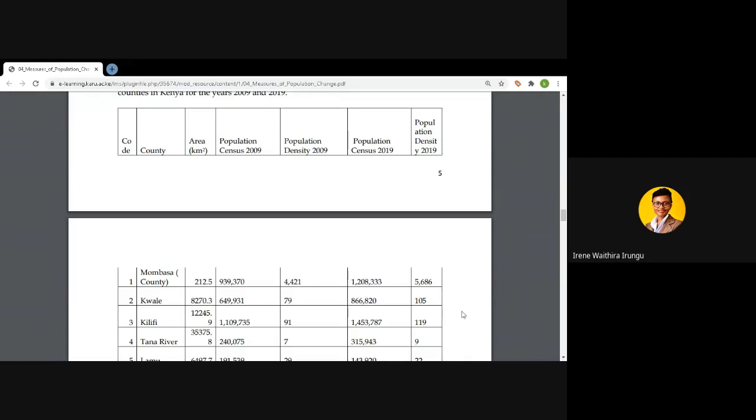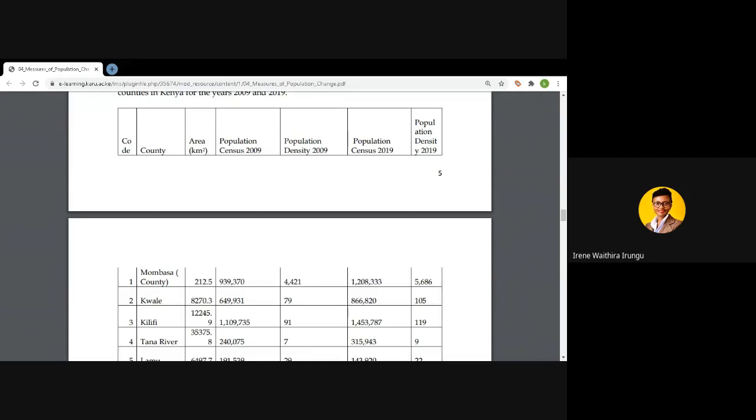If you look at the first case of Nairobi County here, the population density was 4,421 in 2009. As at 2019, it was 5,686. This is clearly a situation where we have experienced a growth of population in the county. This can be attributed to various factors.